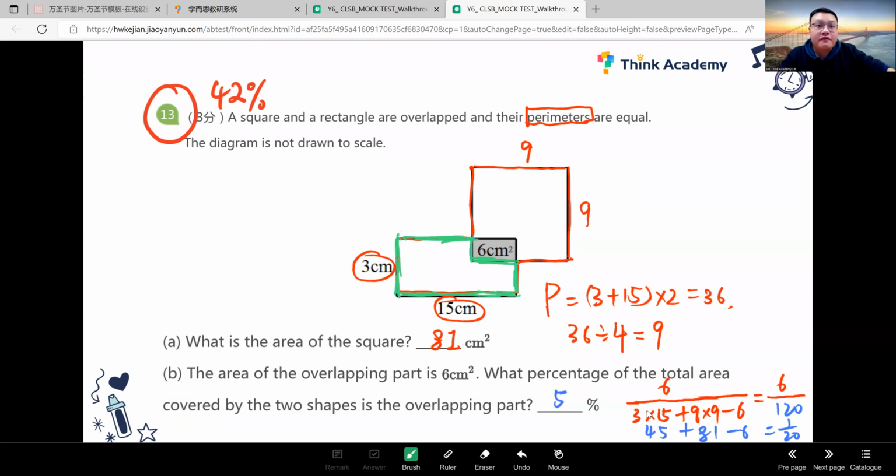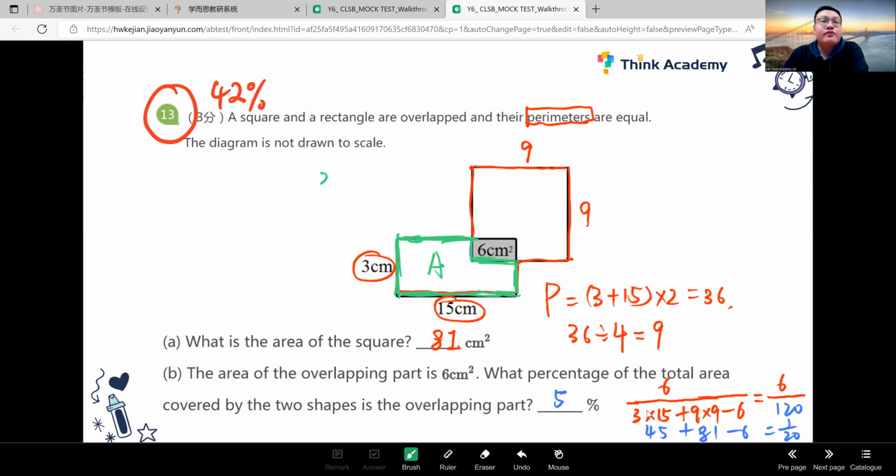So the area covered by the shape is part A plus the area of the square, right? Make sense? The area covered by the whole shape is part A, the green one, plus the area of this square. So what is the area of part A? That is the area of the rectangle take away that 6 centimeters squared.